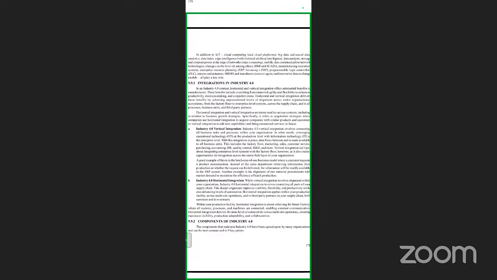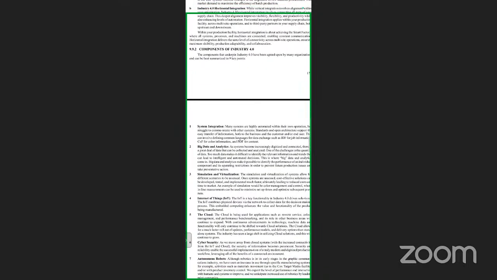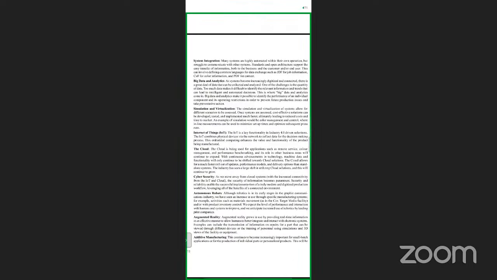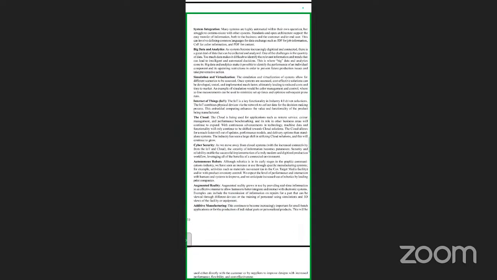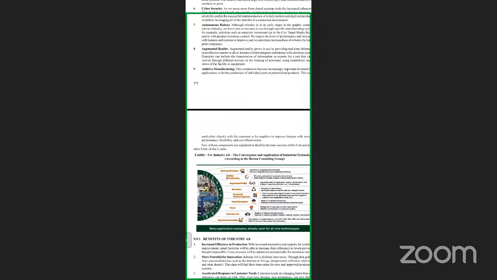Integration of industry. So when you talk about integration in Industry 4.0, we have vertical integration as well as horizontal integration. And the components of Industry 4.0: we have system integration, big data and analytics, simulation and virtualization, Internet of Things, the cloud, cybersecurity, automation robotics, augmented reality, and additive manufacturing.